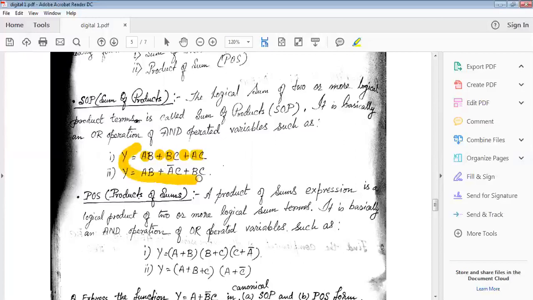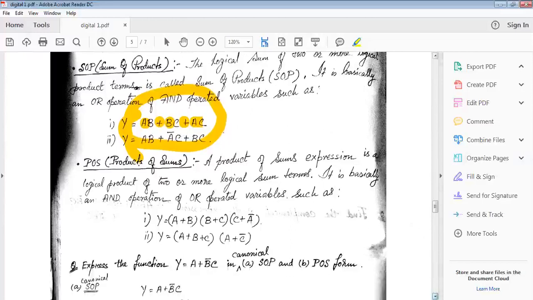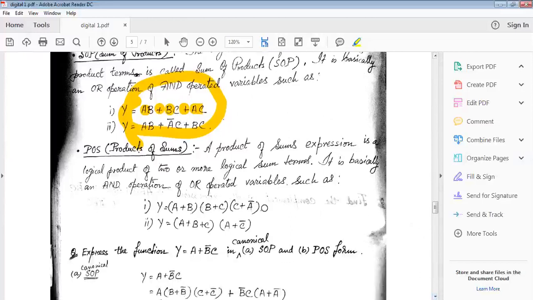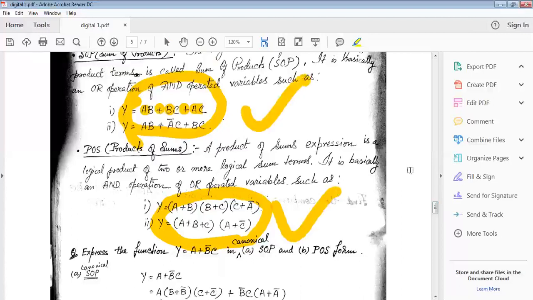The terms by which the sum of products is expressed are called min terms. And this is the product of sums, that is the product of two variables which are added between them, and the terms by which the product of sums is expressed are called max terms. So these are min terms, these are max terms.